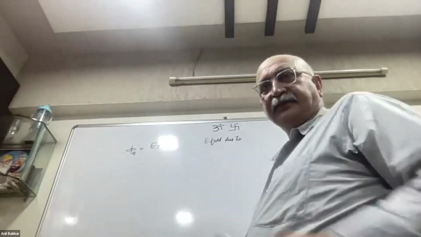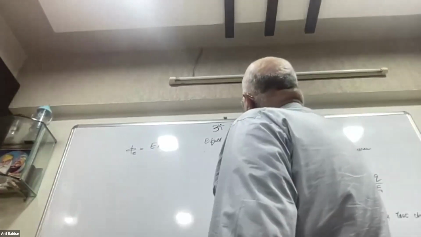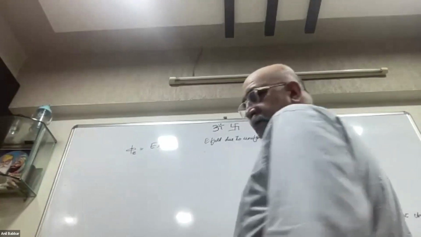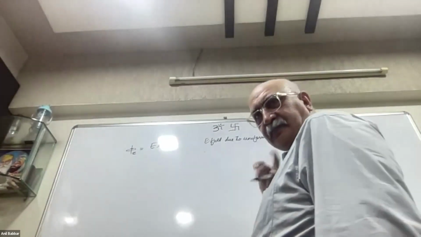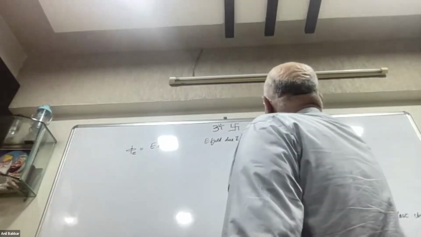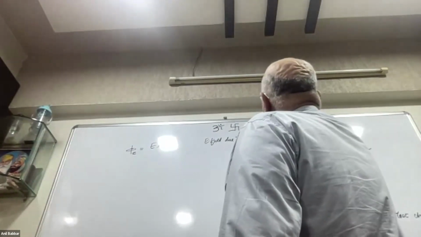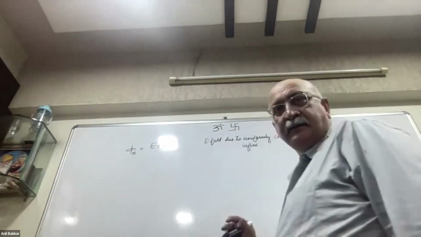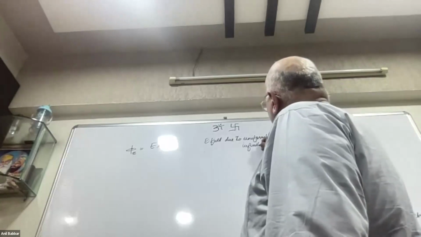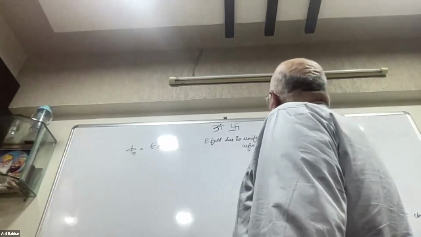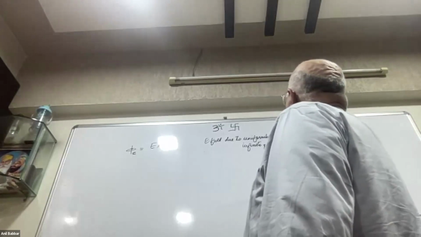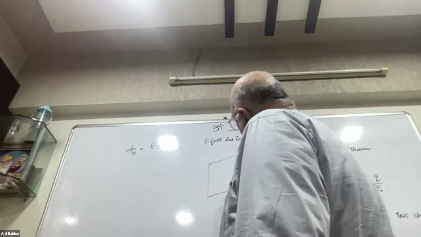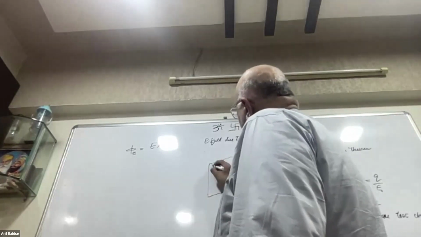So this is electric field due to uniformly charged infinite plane sheet. Right? So let us say we have a sheet which is positively charged.